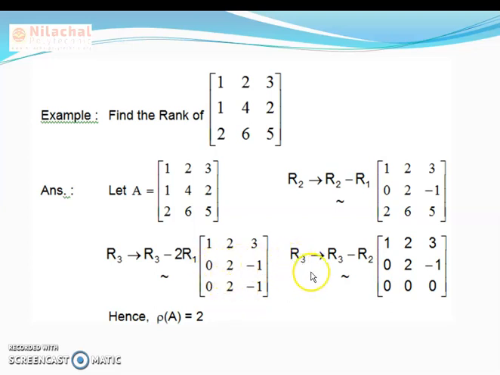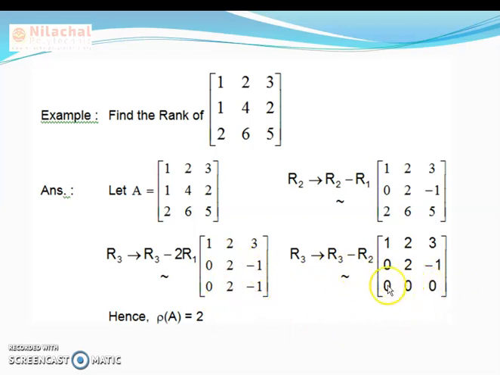So it will be written as R3 changes to R3 minus R2, since both have the same value. R1 and R2 we write as usual: 1 2 3, 0 2 minus 1. Then 0 minus 0, 2 minus 2, minus 1 minus 1. So that equals 0.